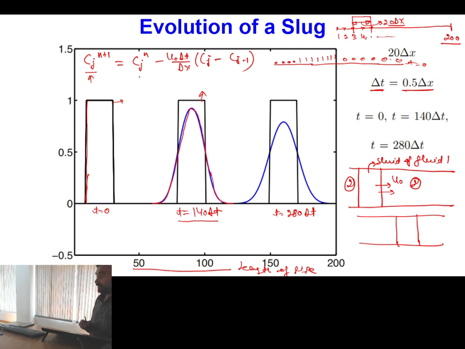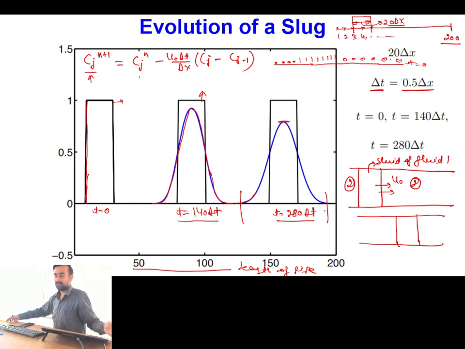Okay, and whenever you have moved through 280 time steps, then you can see the peak value of color function has further decreased, and this distribution of the color function in the length direction has actually thickened.